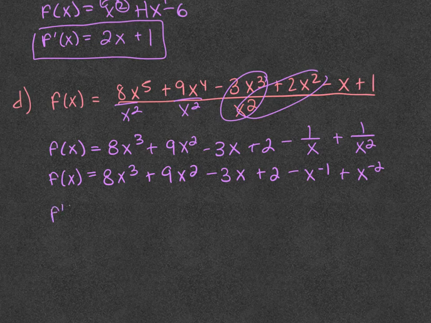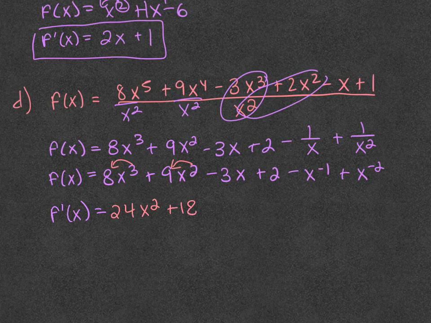So the derivative would be, and see if you can do it, go ahead and pause it and see if you can do it on your own. We would do 3 times 8, so 24x squared. 9 times 2, 18x to the first. 1 times -3 is just -3x to the 0, which I can leave off.